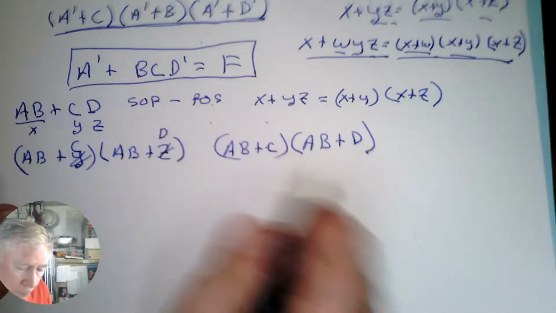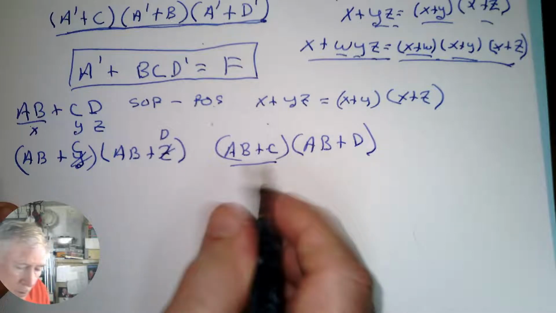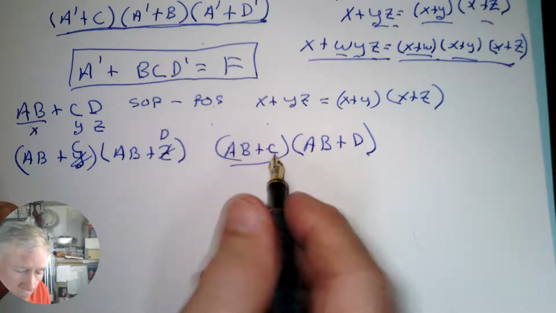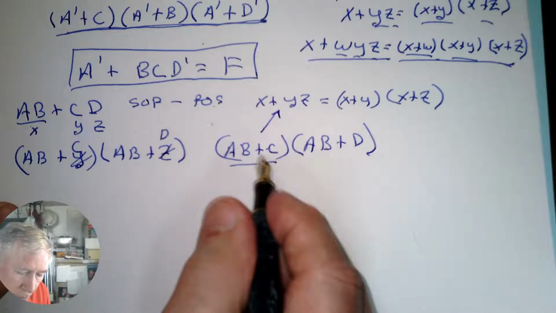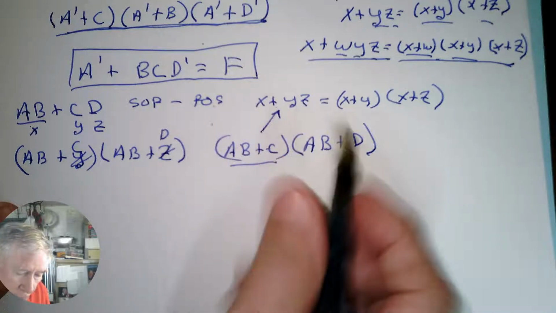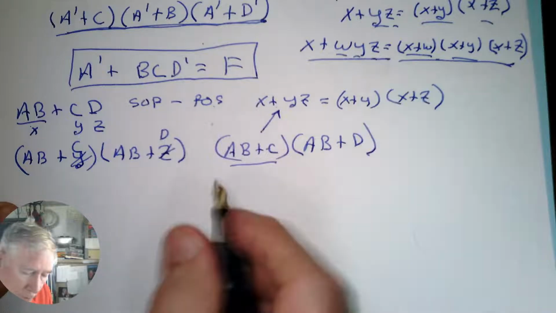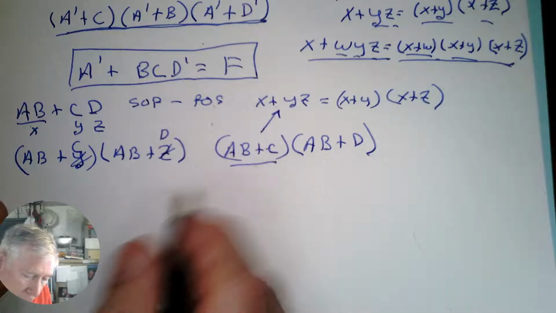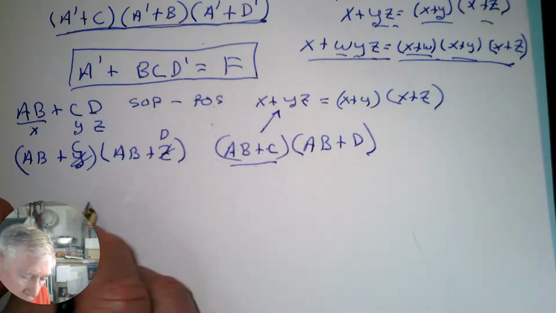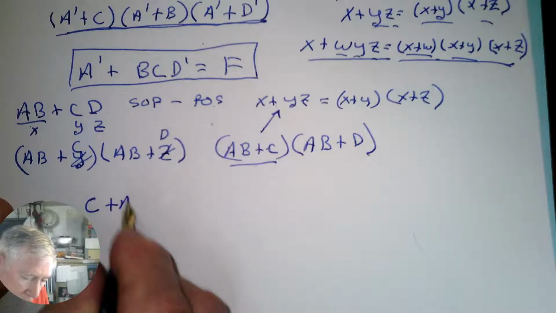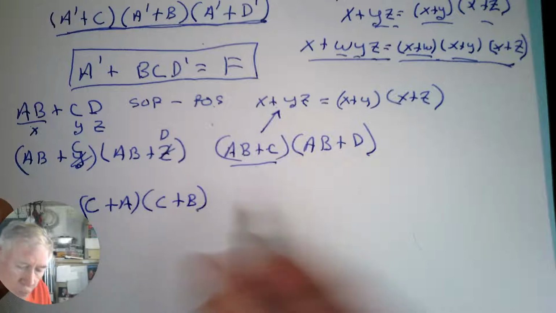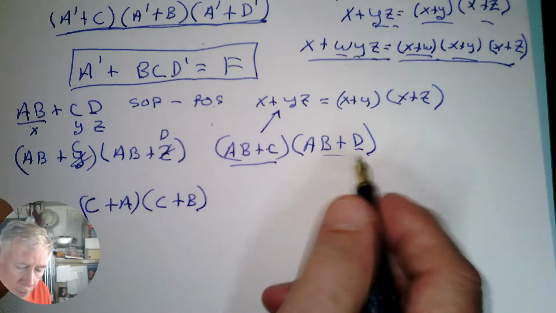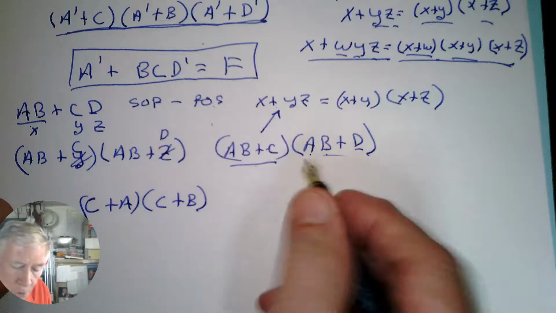Now, if you look at what's in the parentheses, that looks a whole lot like the first distributive law again, right? C plus AB is like x plus yz. So I'll just apply it again, and I'll break this one down. That's going to be C plus A quantity times C plus B. And I do the same thing here with D being x and A and B being y and z again.